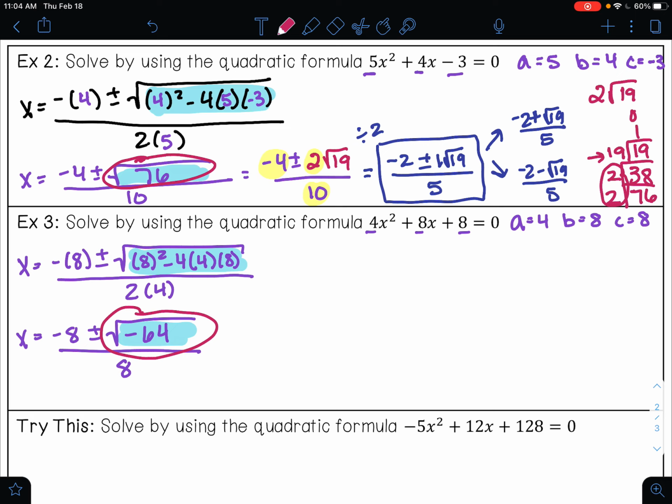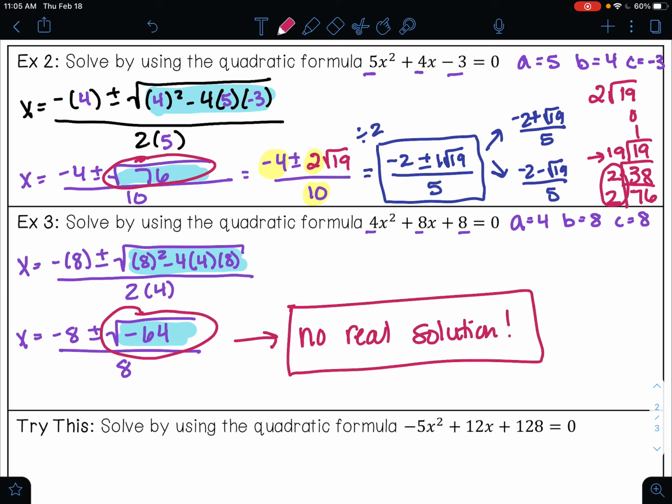My discriminant is a negative number. Well, what did we learn about the discriminant when it's negative? When the discriminant is a negative number, this is when you have no real solution. And that is your answer. If you try to do the square root of -64 in your calculator, you're going to get an error.